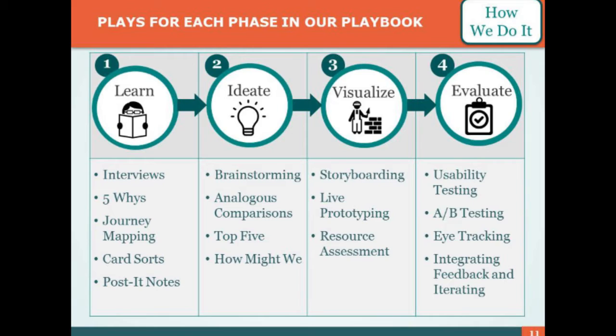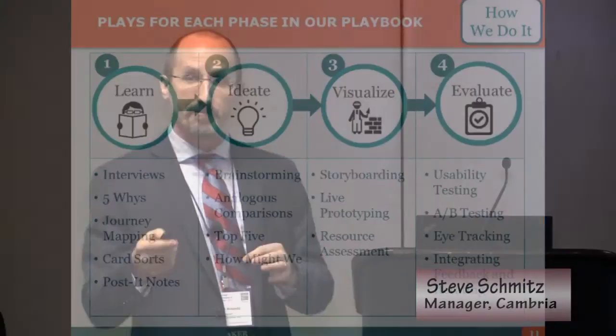We have a similar approach in citizen-centered design. We have a couple of dozen or more different plays for each phase. And we'll pull the appropriate play or the best technique based upon the people and the environment.